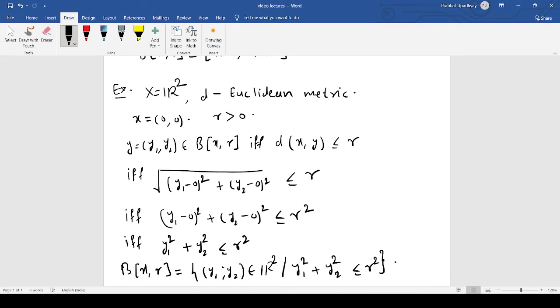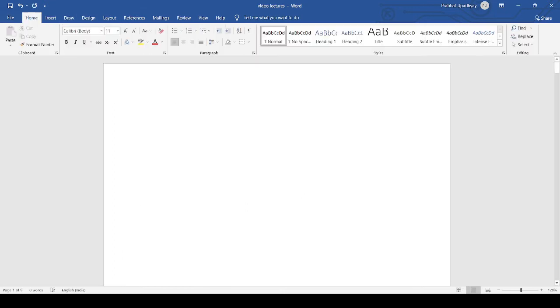It represents a circle centered at x of radius r. Here your point x is (0, 0). So circle centered at x of radius r, and not only the boundary of the circle, it also includes the interior of the circle. This is your B[0, r].